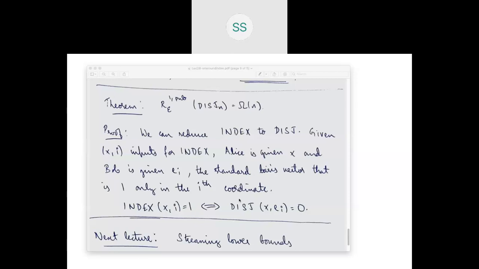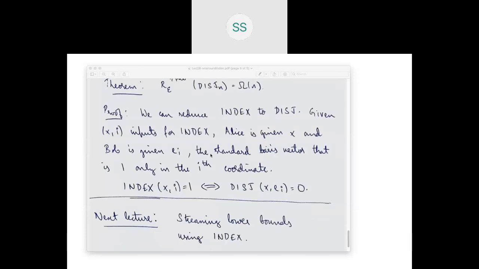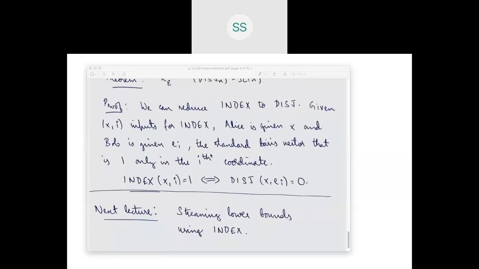Because there is a direct correlation, Alice and Bob, if they get this x and i, can construct this instance, and then try to solve disjointness. But we know that index has at least linear complexity, so disjointness also cannot be solved in a linear manner. That's the proof. It's like any other hardness reduction.